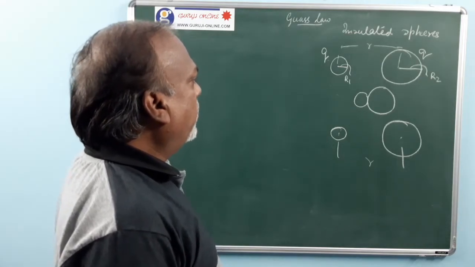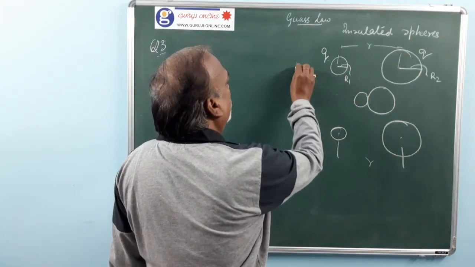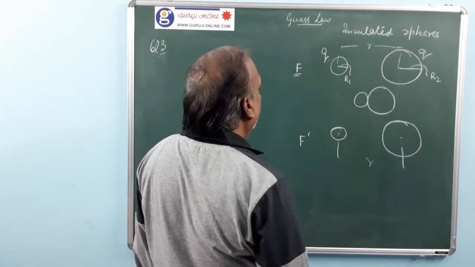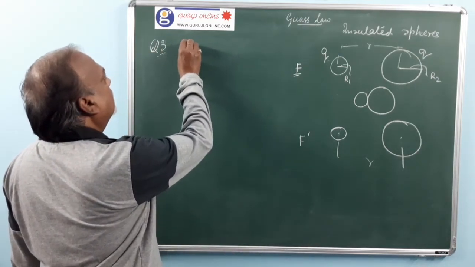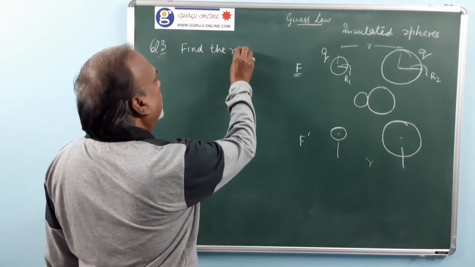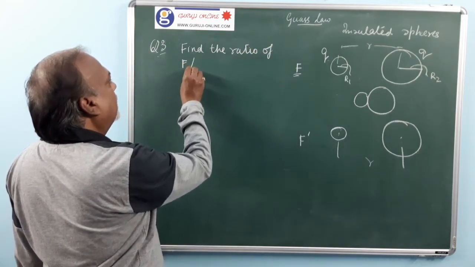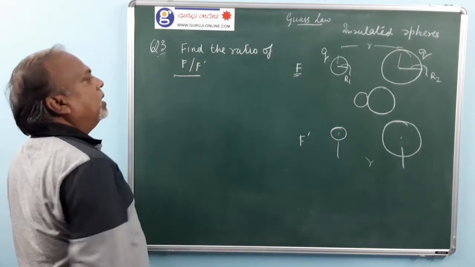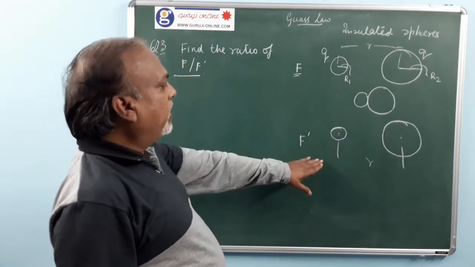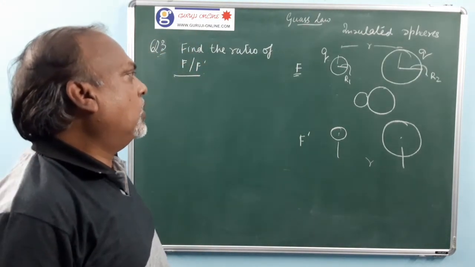So now what is the question basically? The question is, suppose they are experiencing a force F here and now they are experiencing a force F dash, then find the ratio of F dash divided by F. What was the force between them earlier, and now what will be the force between them, and we have to find the ratio of these two forces.